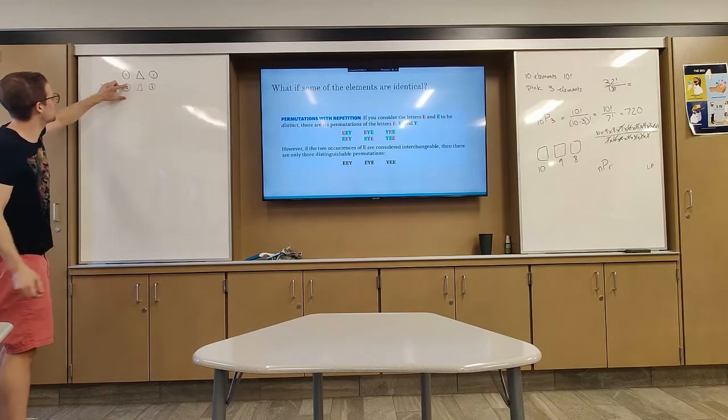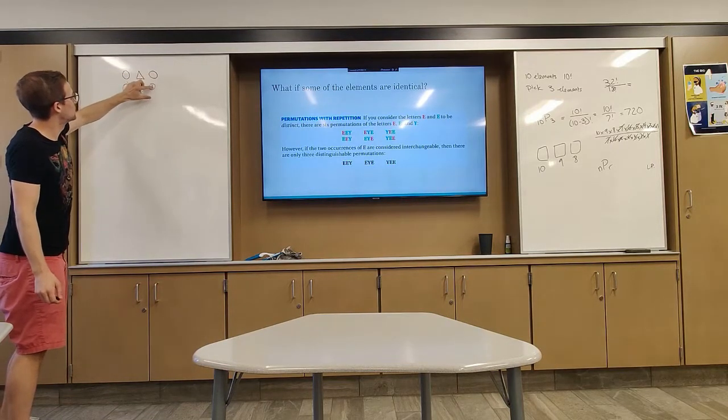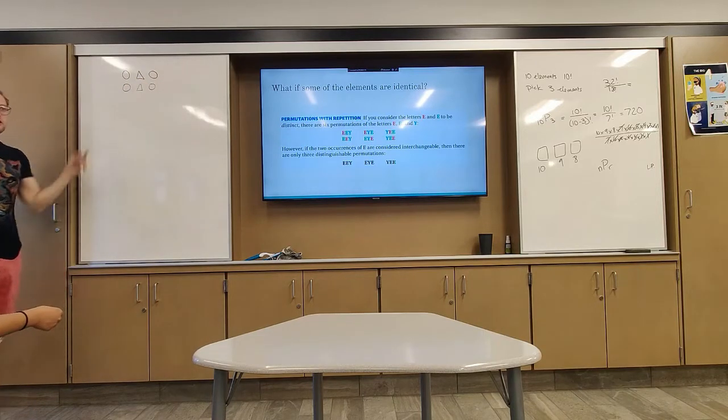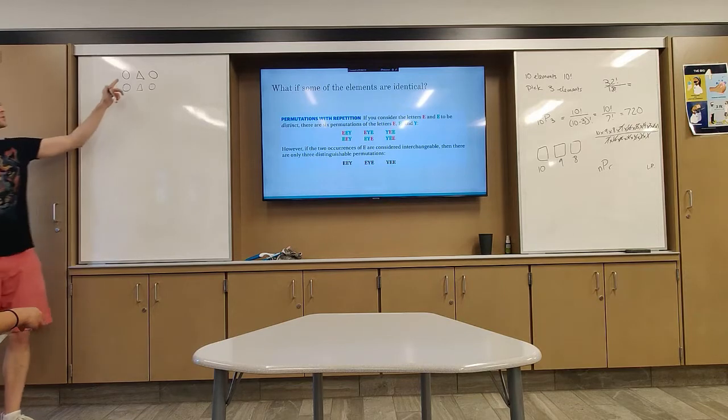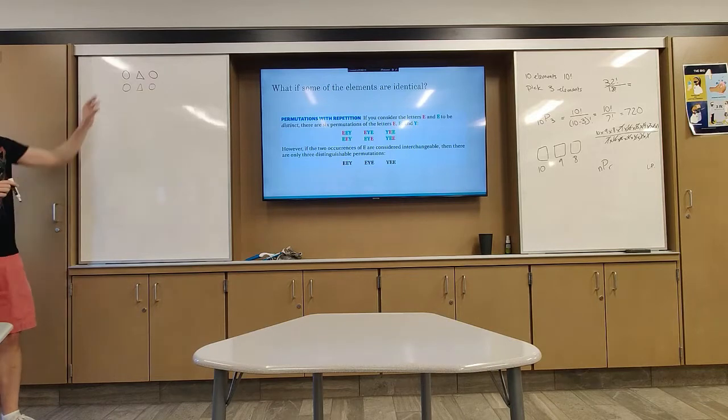Yes. But the issue comes when they're not distinguishable. These 2 orderings that were different before, now they're the same. This is the same thing now, because these 2 circles are exactly alike. And so we're going to get fewer permutations because some of these elements are indistinguishable from each other. Does that make sense to everybody?